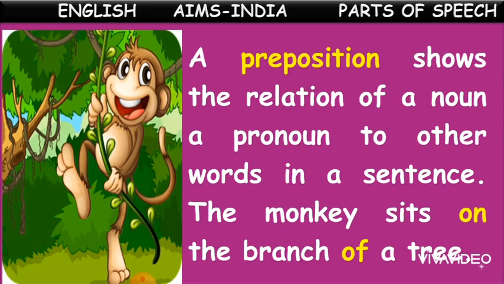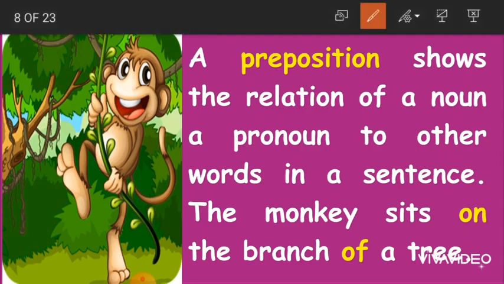Where is the monkey sitting? The monkey sits on the branch of a tree. So if you see here, we are having on and of. As it is there in the definition, it is showing the relation of a noun and a pronoun.